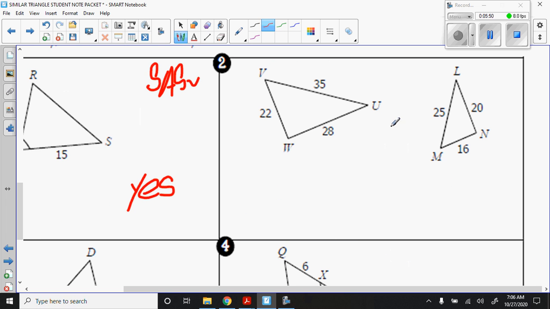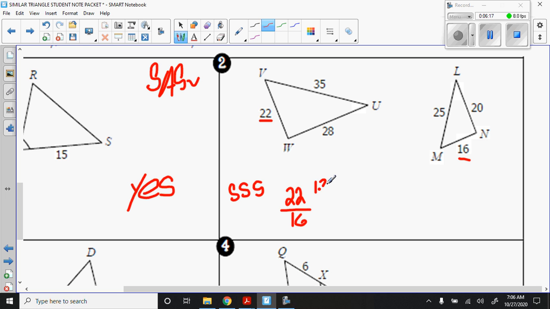All right, looking at these, I have 3 sides labeled, so I'm only checking side, side, side. That's the only thing I'm worried about. So let's see. This is kind of hard to tell, but always look for smallest and smallest. That is a fraction you need to make. 22 over 16. 22 divided by 16 is 1.375.